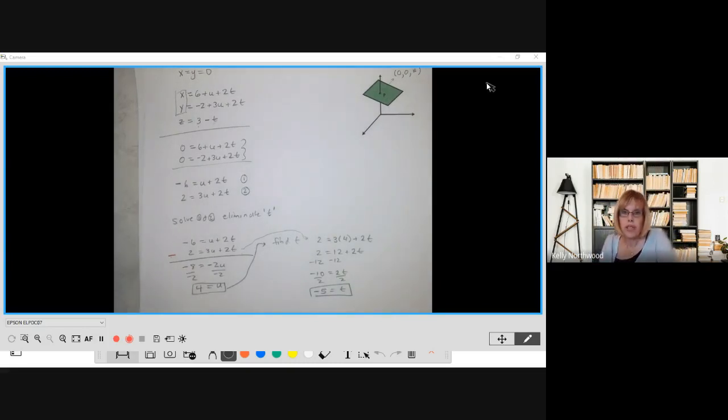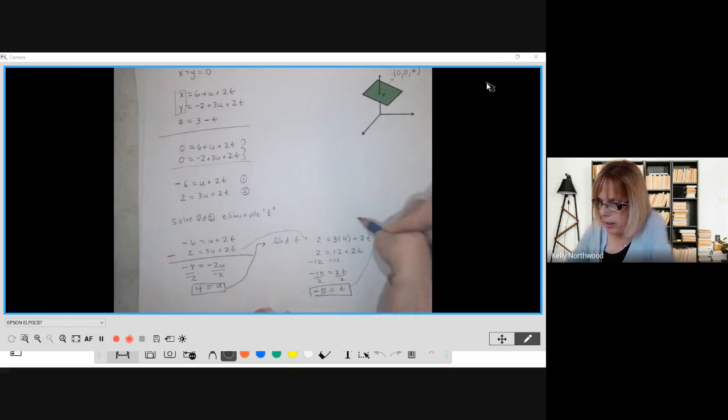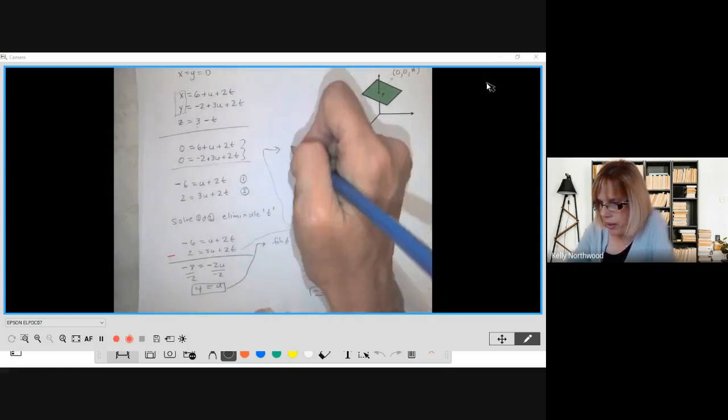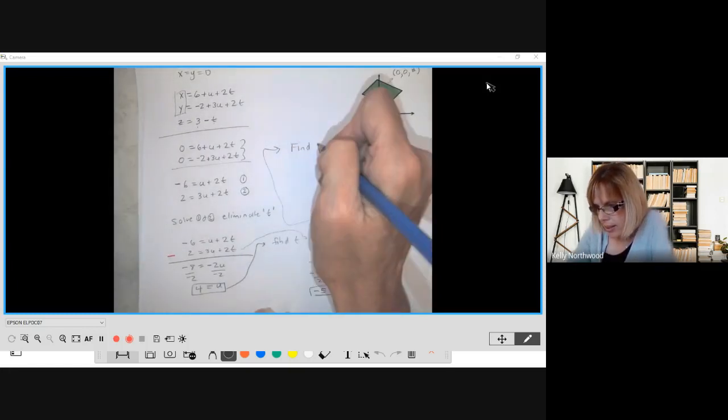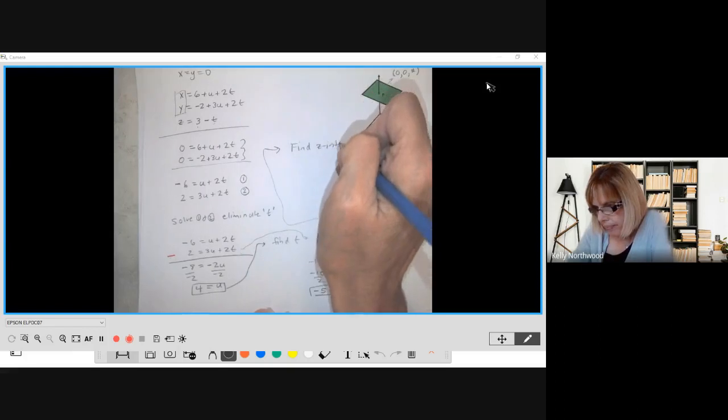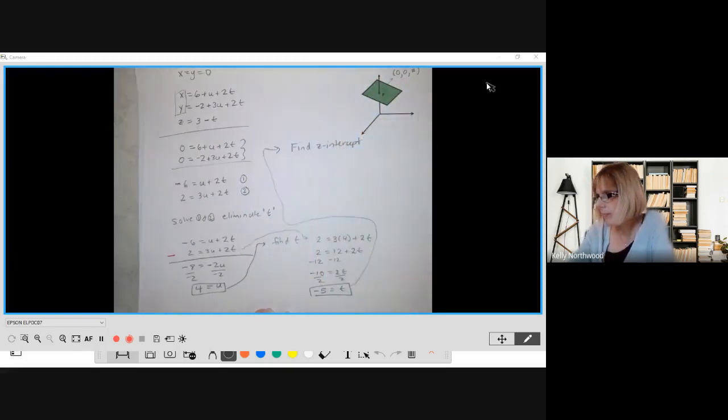So then what we would do is take our values of u and t and sub them into the z parametric to find the value of z when x and y are 0, which will be our z-intercept. So now we're going to come up here and find the z-intercept.